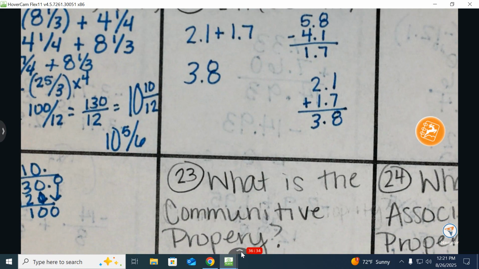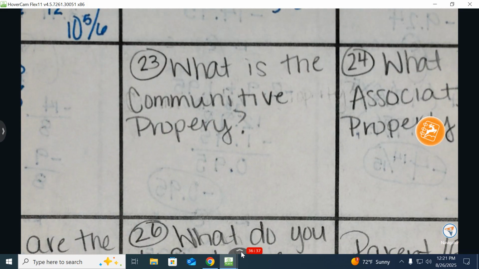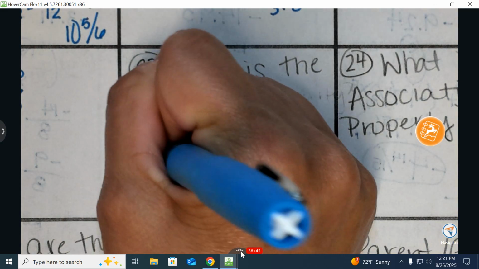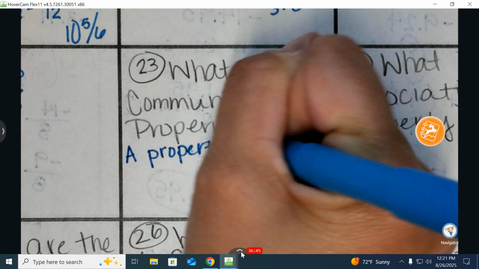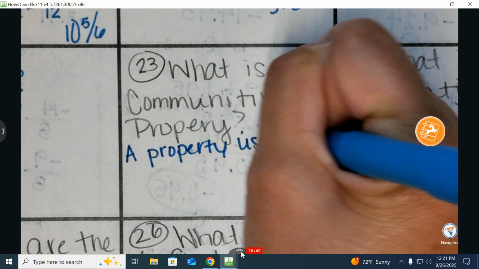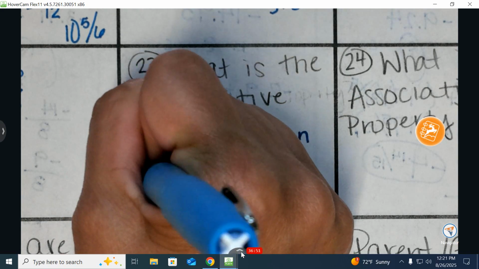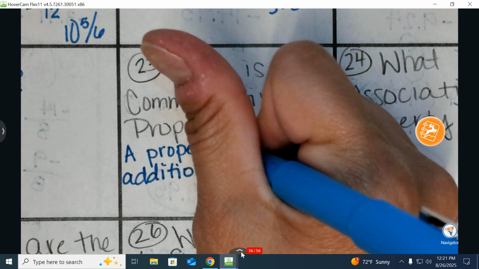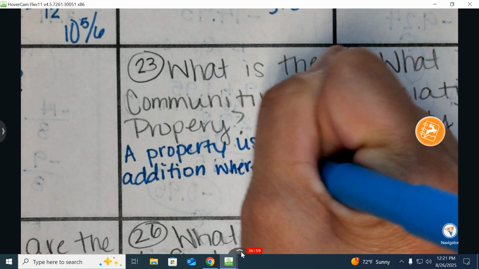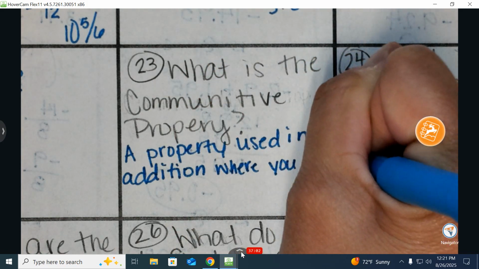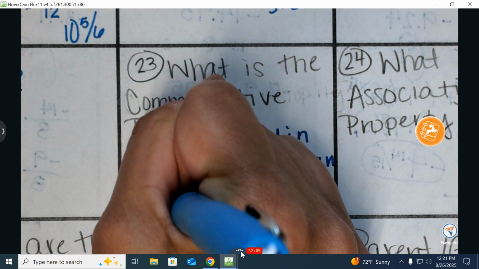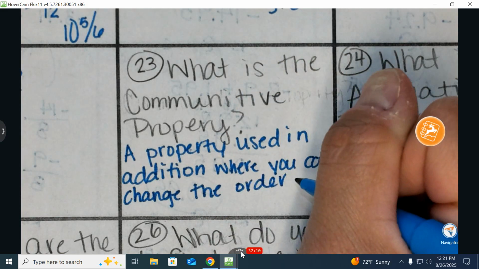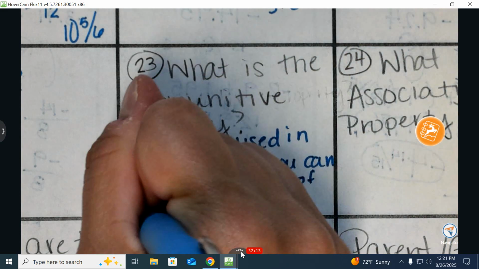Okay, let's go down to number 23. What is the commutative property? It is a property used in addition where you can change the order of the numbers.